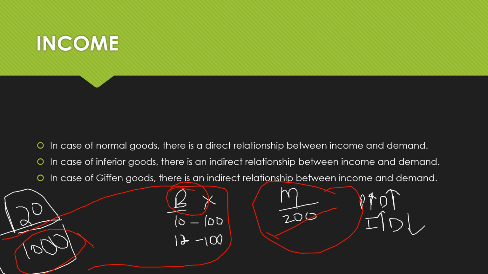Okay, now let me explain once more if it's not clear. See, there's a difference between inferior goods and Giffen goods. All inferior goods are not Giffen goods, but all Giffen goods are inferior. Now, in inferior goods also, these are very inferior goods and they do not have much substitutes or they do not have any substitutes.